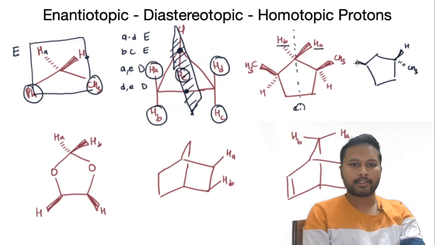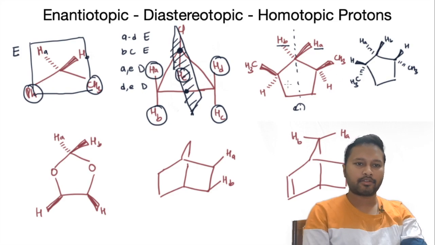On this side also the hydrogen will come above the plane and the methyl group will go below the plane. HA and HB are going to change their places. So this is not an allowed rotation, and if the rotation is not allowed, that means HA and HB are not homotopic.